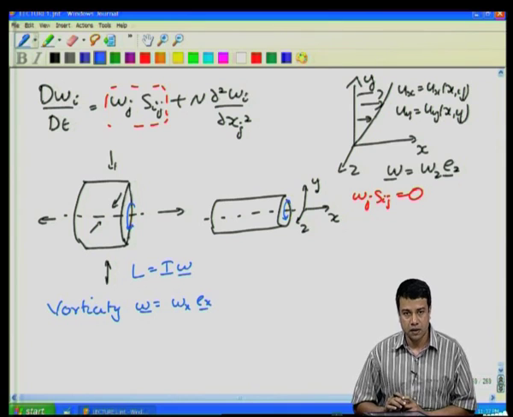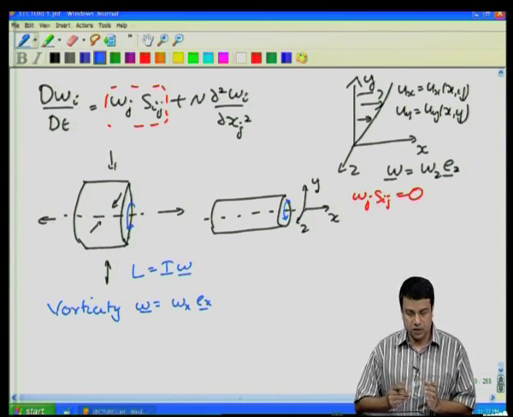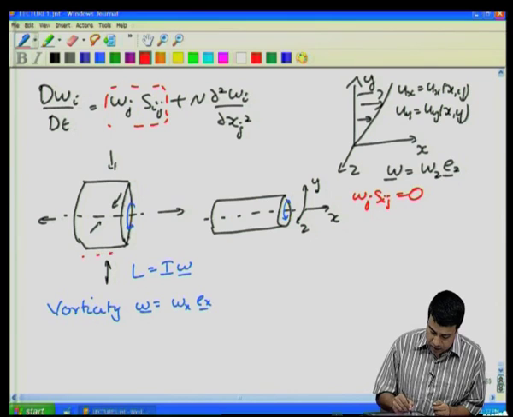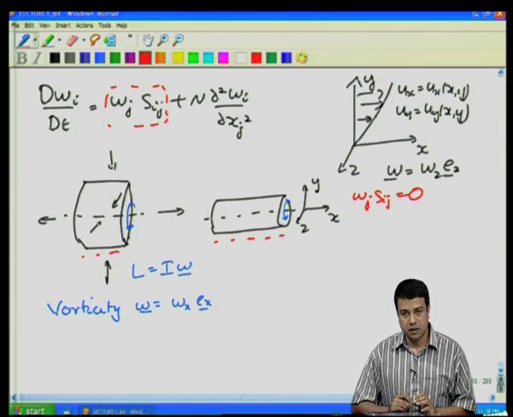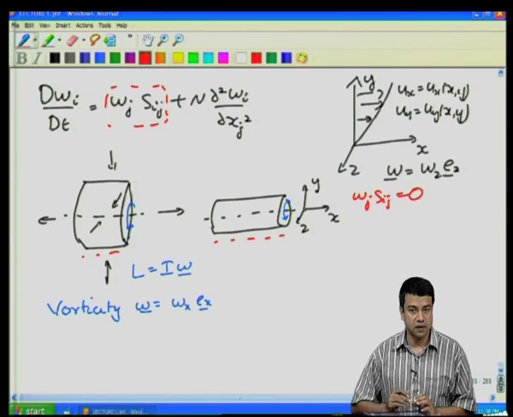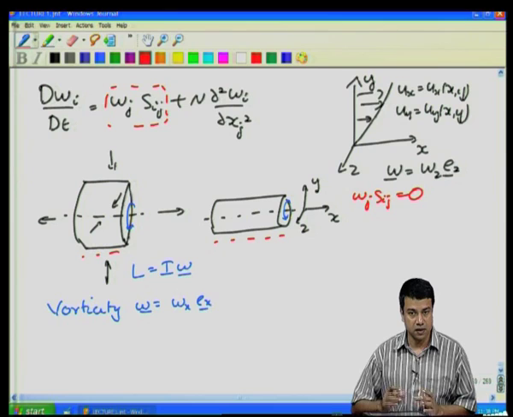When you go from the larger on the left hand side to the smaller on the right hand side, if the angular momentum is conserved, the moment of inertia has decreased, because the moment of inertia is proportional to half m times r square, where r is the characteristic distance of that cylinder. I has decreased, therefore, the vorticity has to increase.